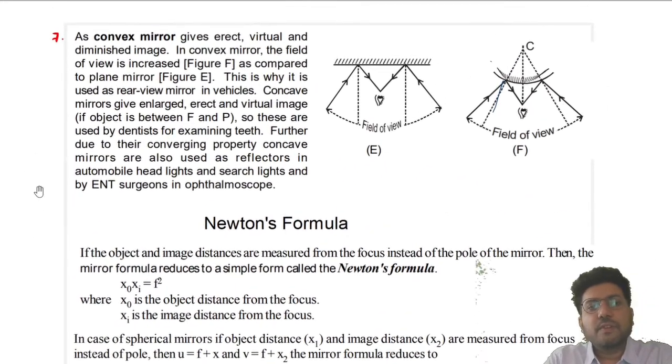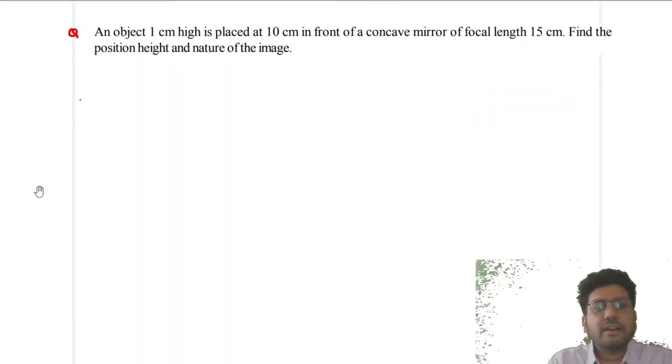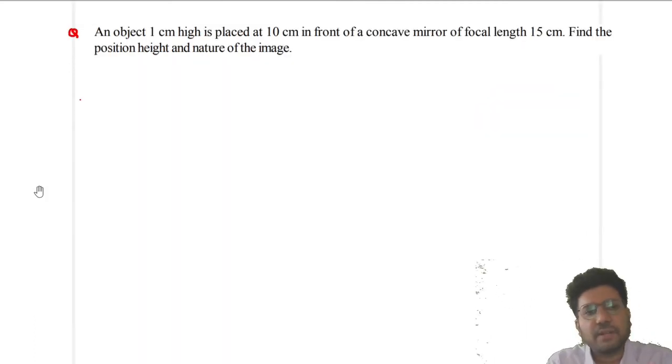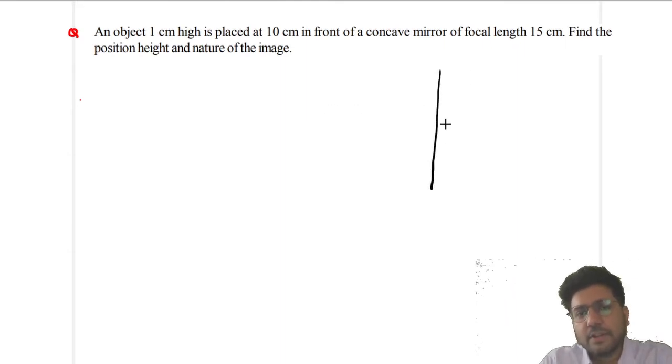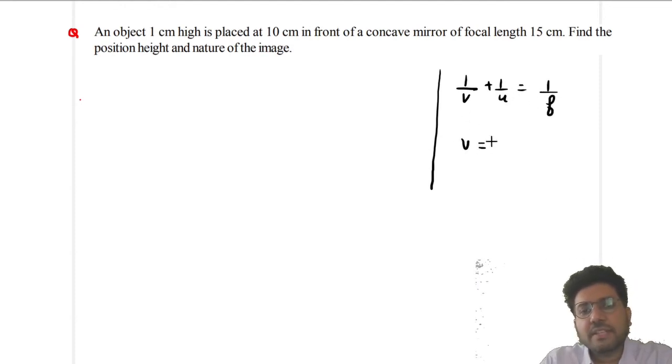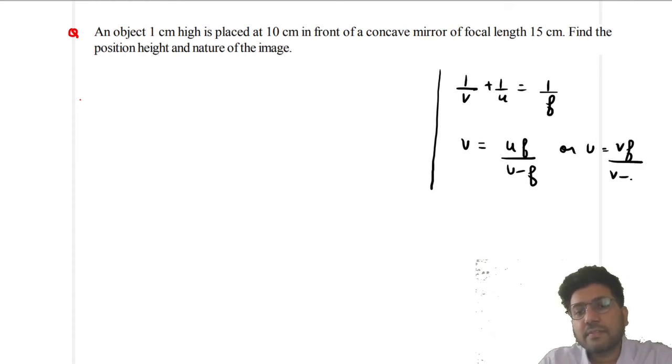Now we will solve some problems related to the theory that we have discussed. So let us look at the first question, which is a very simple question. Before starting this problem, I will again help you to remember the formula. 1 by v plus 1 by u is 1 by f, but I will remember this as v is equal to uf by u minus f, or u is equal to vf by v minus f.